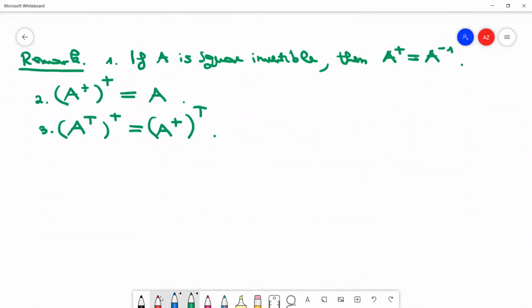Okay, and now let's start the construction of the Moore-Penrose inverse.